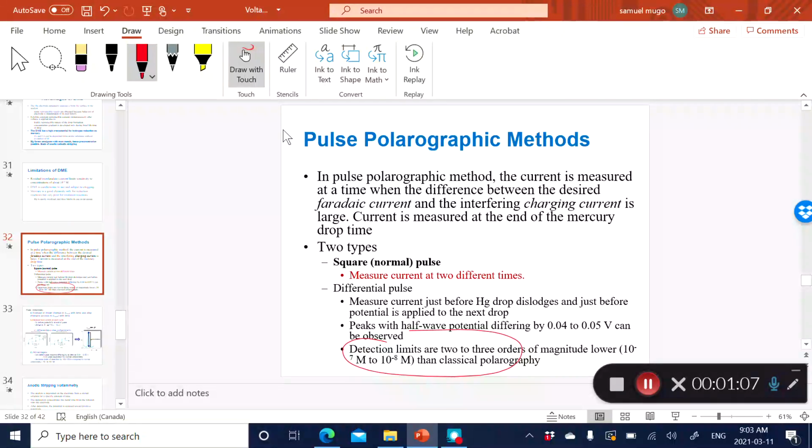And as I said, the goal is actually to reduce the charging current, and that was the basis by which these pulse voltammetric techniques were developed.